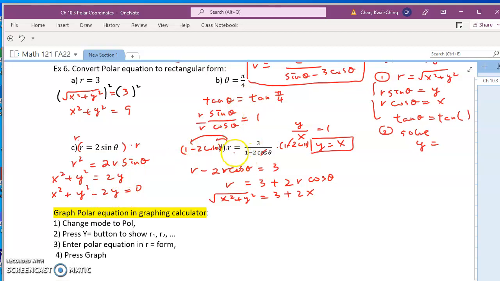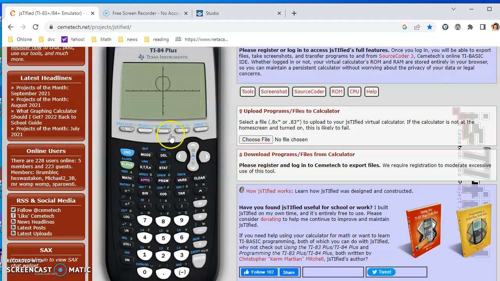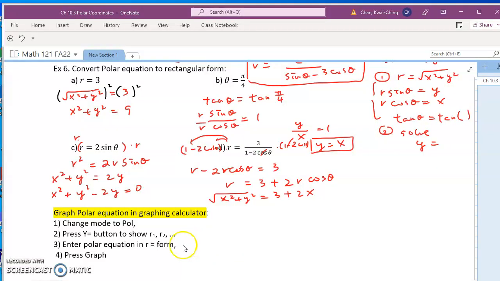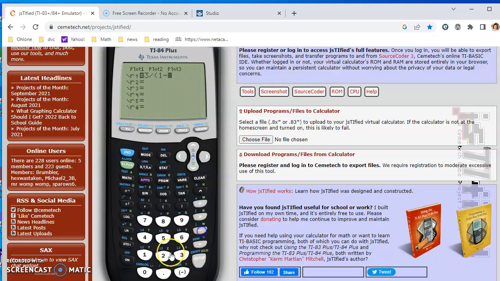Let's try this very complicated one. r equal to 3 over 1 plus 2 cosine theta. Okay. r equal to, what was it? 3 divided by, well, let's clear this first. 3 divided by, open parenthesis, 1 minus 2 sine theta.